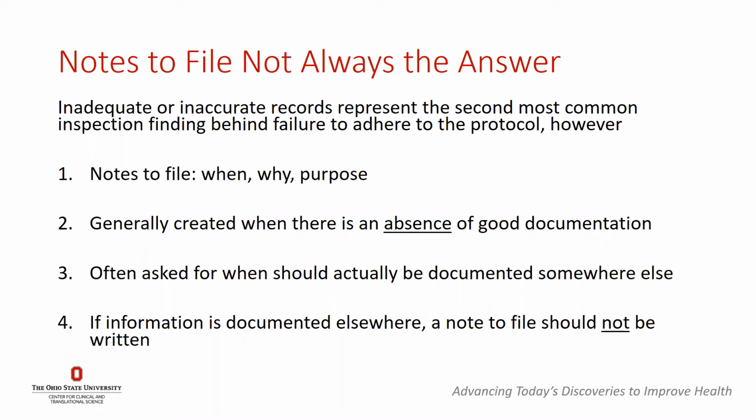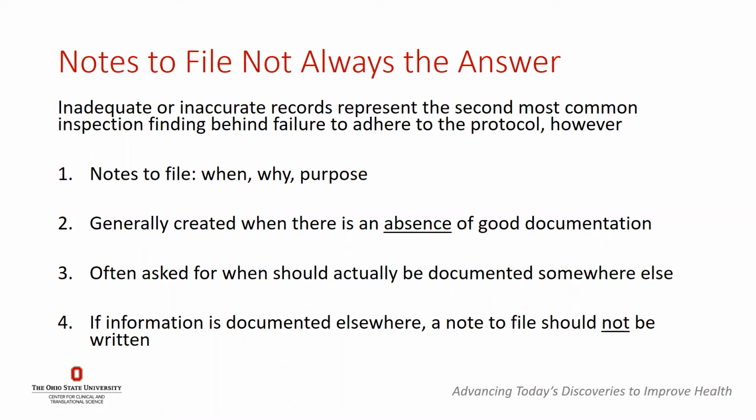But the proper place for it to have been recorded would have been in the patient's chart. This was something that occurred and it only affected that one patient. Now, if it was a change in the way that we were going to perform certain things and that was going to affect the entire study, then that note to file would have been placed in the regulatory document as well.